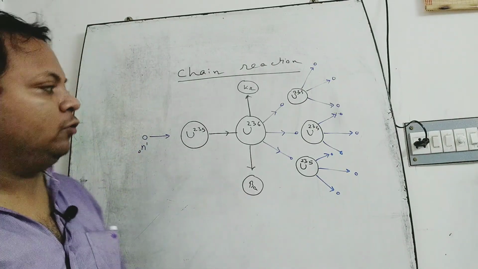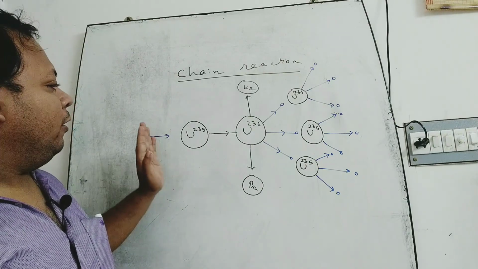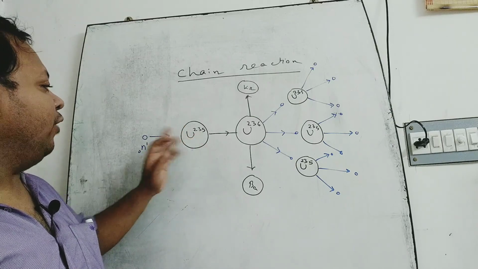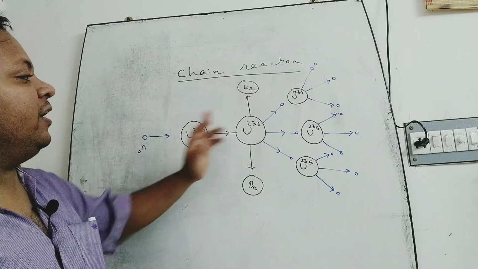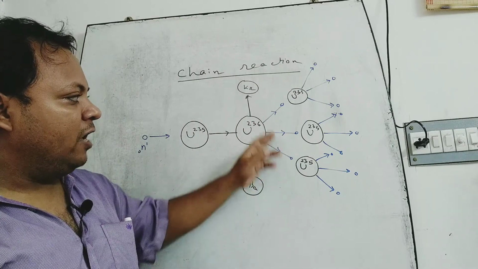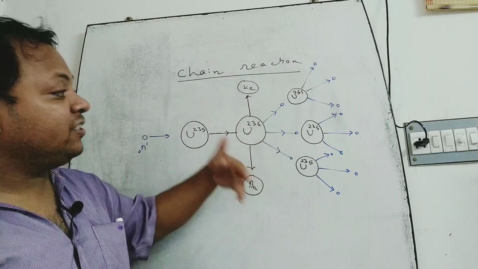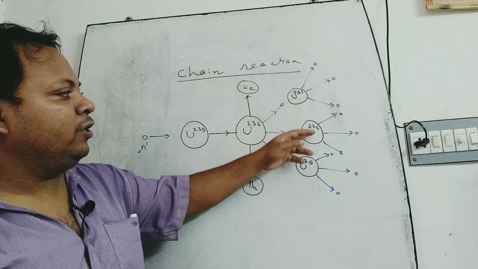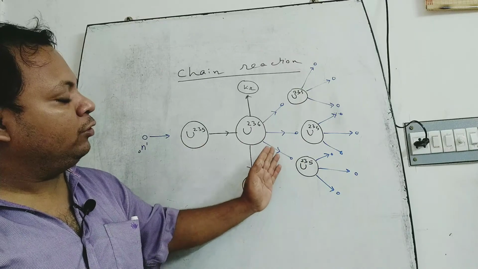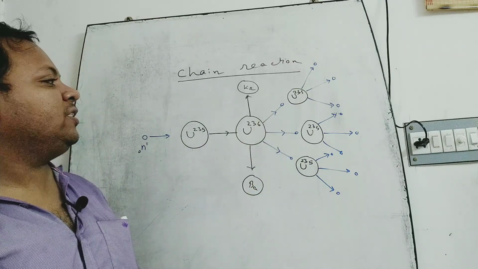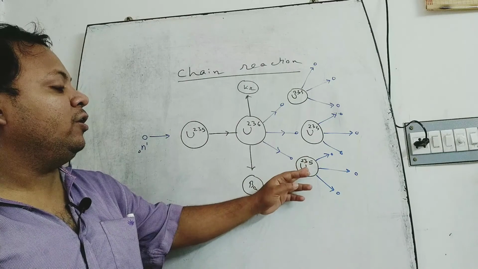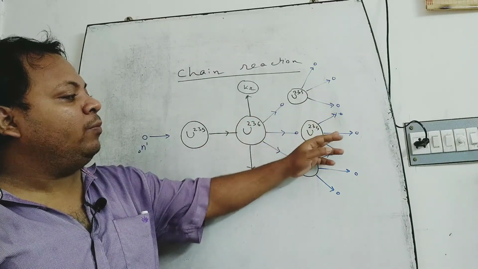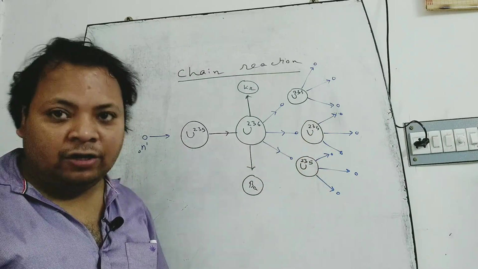Next, chain reaction. What is chain reaction? With the reaction of uranium-235 and a slow neutron, we get 3 neutrons, and these neutrons can strike other uranium nuclei, and each of those uranium nuclei can produce 3 neutrons in turn.